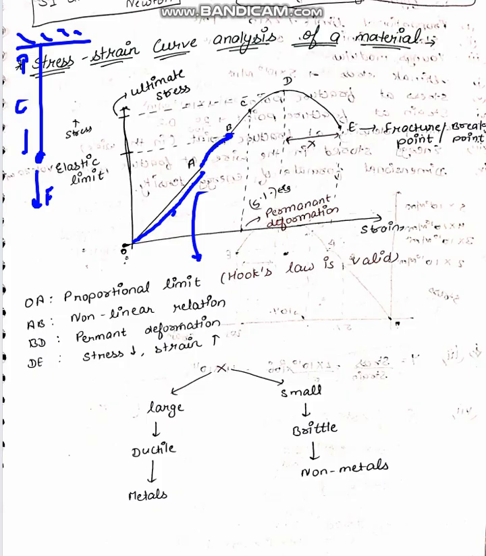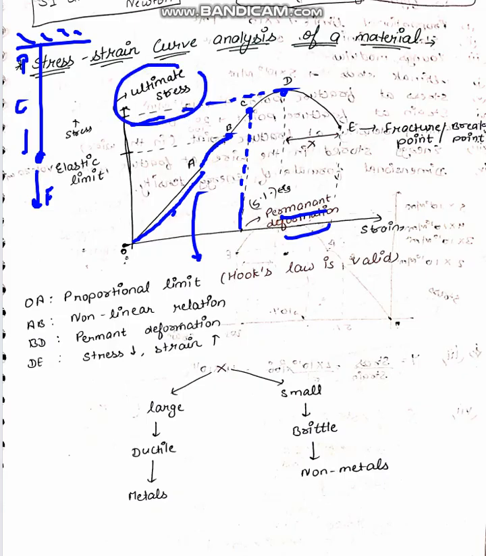That means if you remove the stress, the material will undergo no permanent deformation and will return to its original shape. However, if you go beyond B, let's say to point C, then on releasing the body from C it will undergo certain permanent deformation, up to a certain limit D, where the stress is maximum, which is called the ultimate stress.